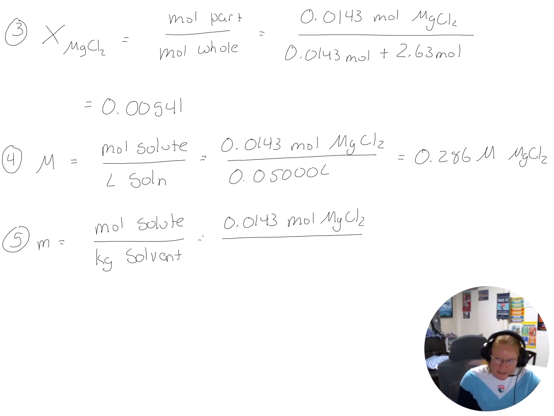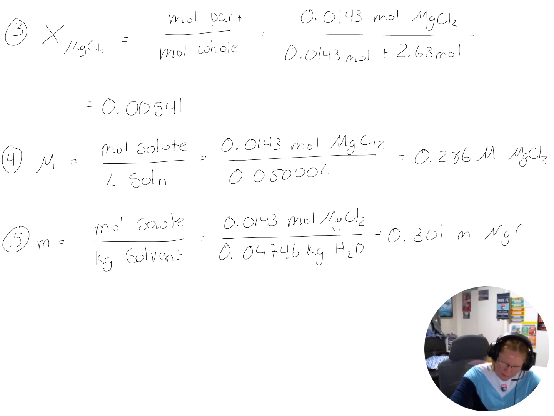And we had 47.46 grams of water, so that's going to convert to 0.04746 kilograms. And so we get a 0.301 molal magnesium chloride solution. All right, so those are some of our super common concentration terms.